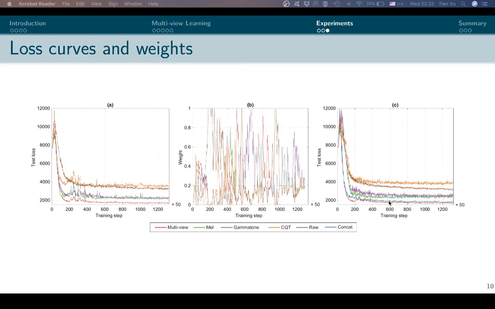If we compare this curve with the one obtained from the concatenation branch in the proposed multi-view network, indicated by the red curve, we see that the one of the proposed network is lower than the simple concatenation, and of course lower than the four individual networks trained separately. This explains the better performance of the proposed network compared to the baselines.